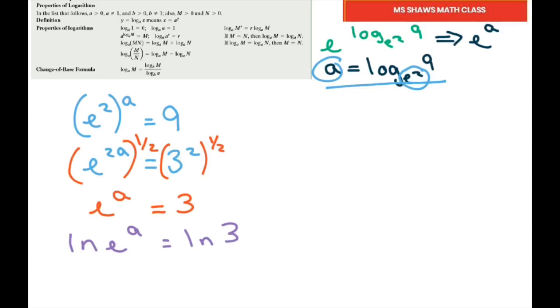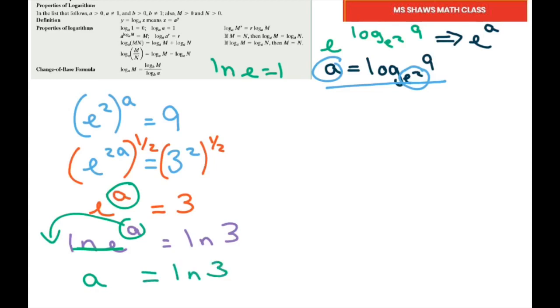Use your power property, and move the a down here. So you get a, and this goes away, because ln of e, again, equals 1. So equals ln of 3. So now we're going to substitute it back into here. So my a is ln of 3, and that means that equals 3.